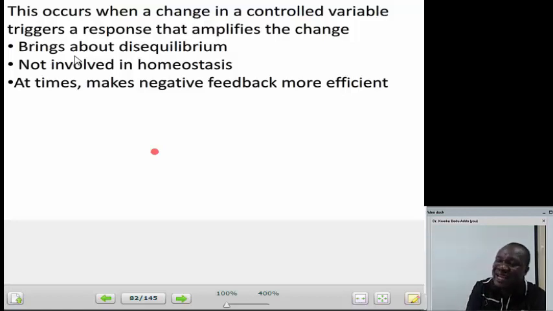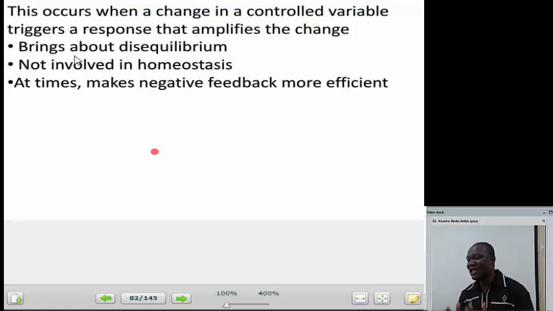Now the second mechanism under feedback is the positive feedback. And in positive feedback, a change in a control variable would generate a response that would amplify or reinforce the change.